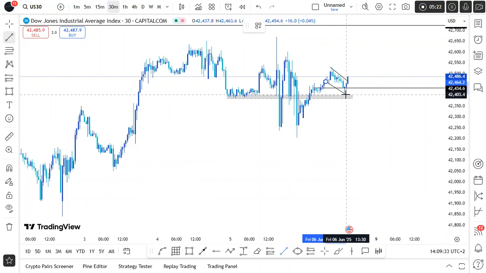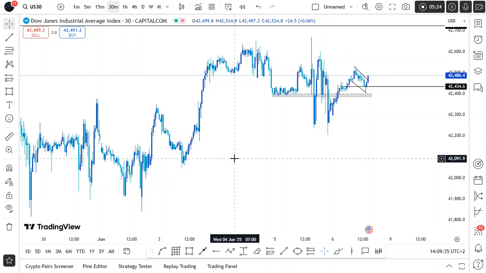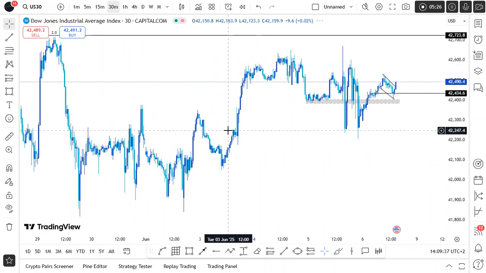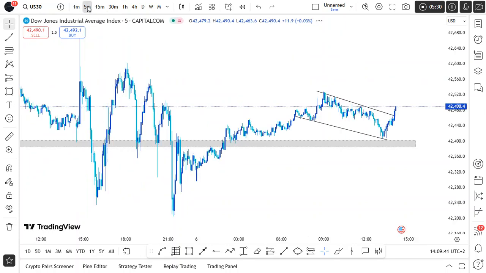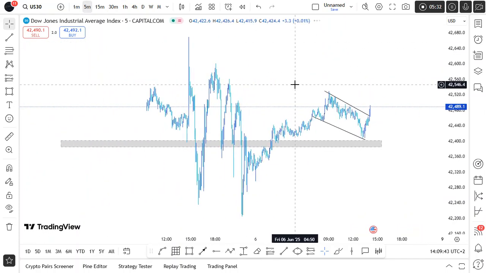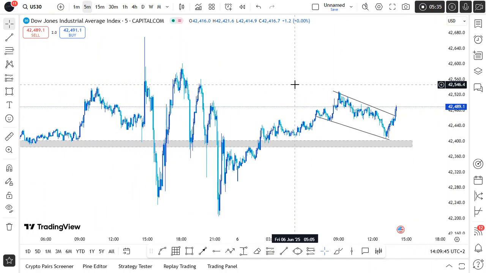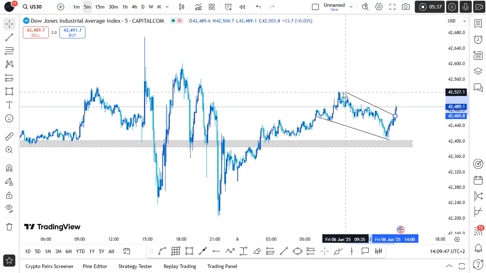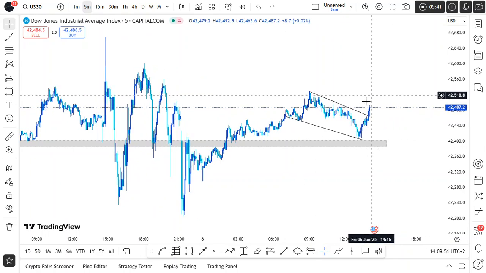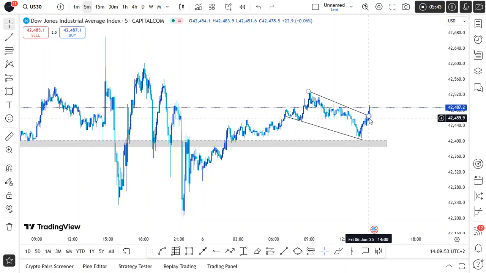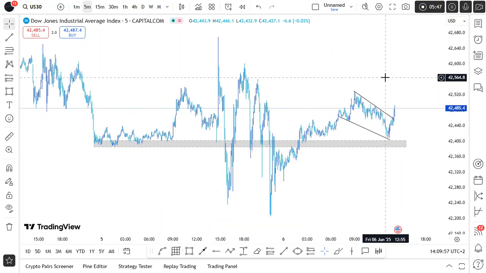So US30 is buying. US30 is above. You can just go to the 5 minutes to confirm the overall direction. And when I get to the 5 minutes, it is more clear now. The picture is now clear, as you can see.